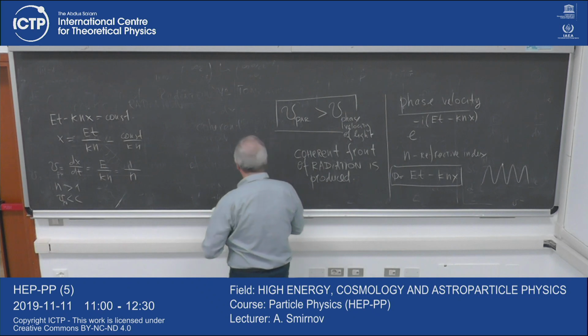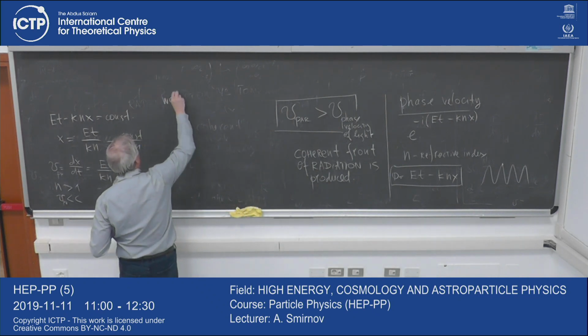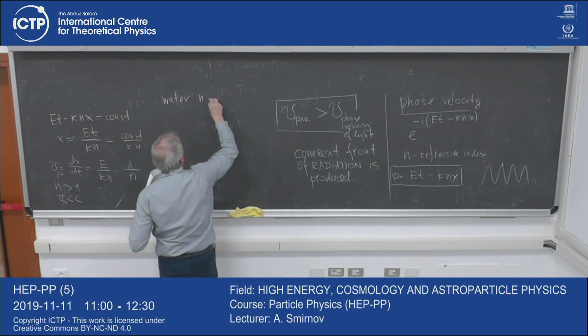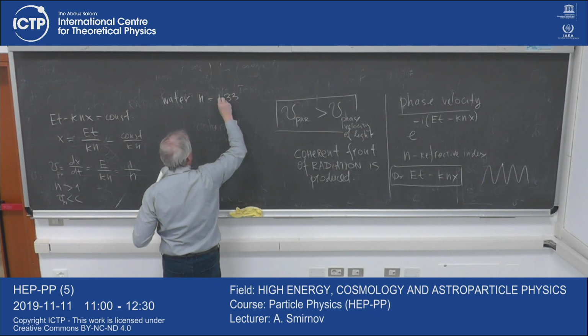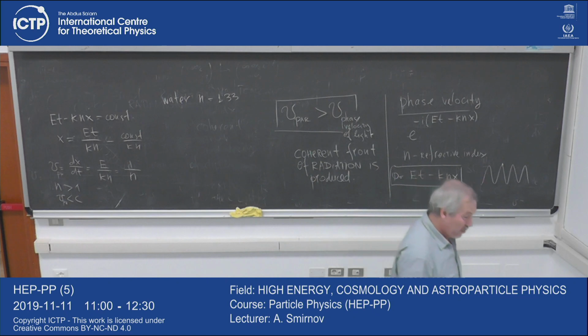What is interesting is that for water, n is 1.33, so it's not a joke, it's a substantial deviation from 1, and therefore the phase velocity in water is substantially, 30%, smaller than the velocity of light.